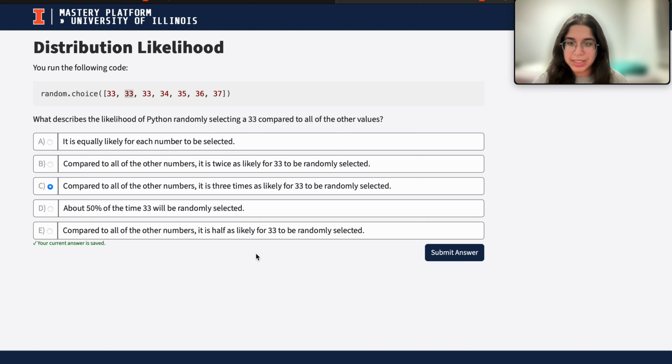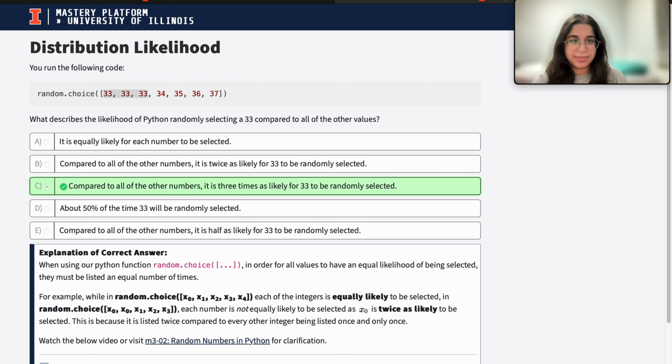That's not the case, because the probability of choosing 33 is much more than any other value here. So the answer choice C, compared to all the other numbers, it is 3 times as likely for 33 to be randomly selected, would be the correct answer here, because the probability is 3 out of 7 versus for all the other numbers, it's 1 out of 7.